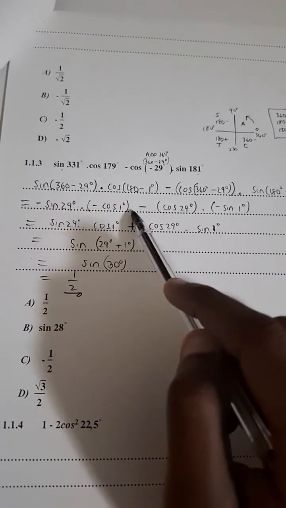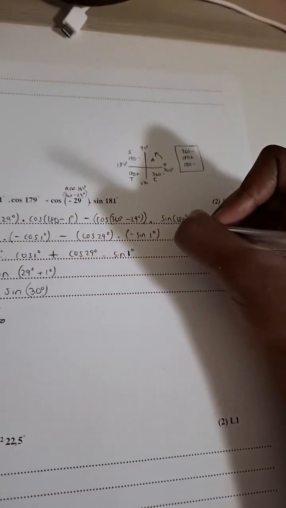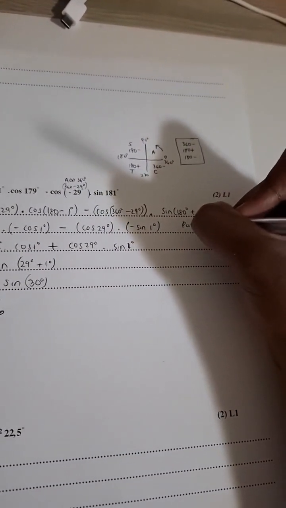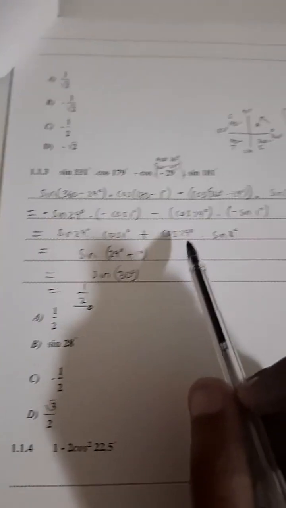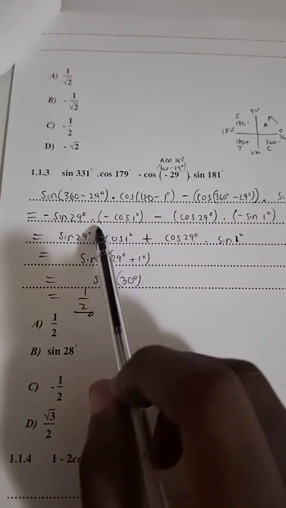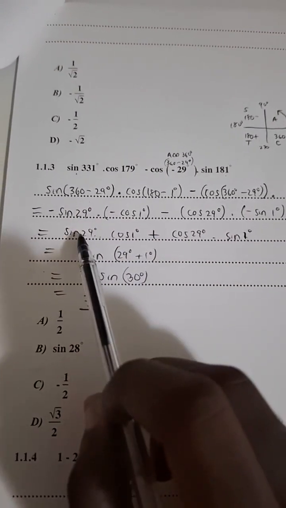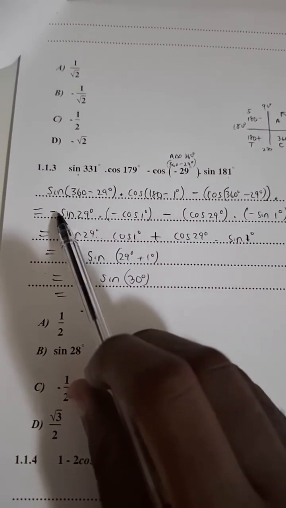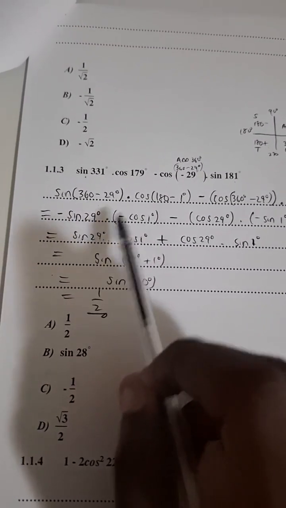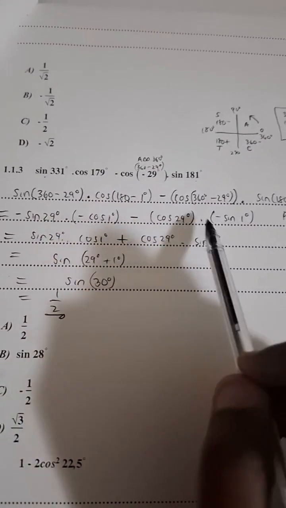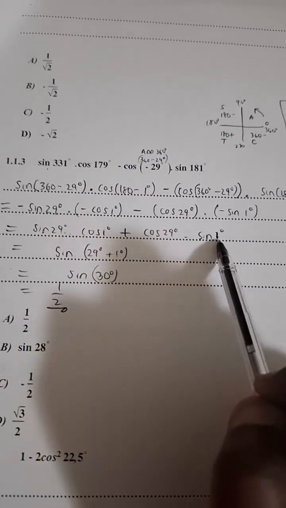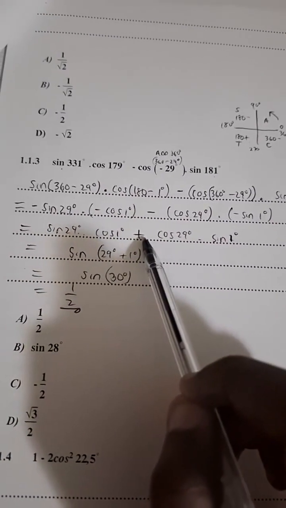Remember to put things in brackets. Very important. When you evaluate, you put in brackets what you evaluate. Then you are able to write down that the negative times the negative gives you a positive answer. You remove the brackets. That's why you have a positive there.